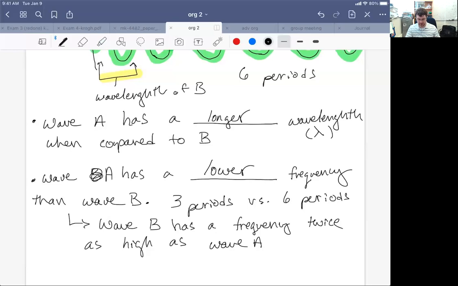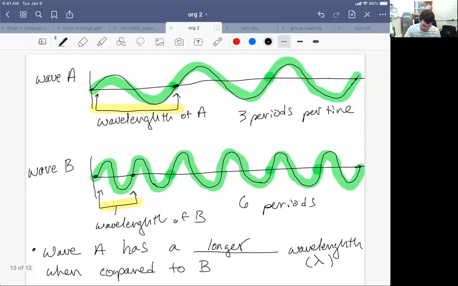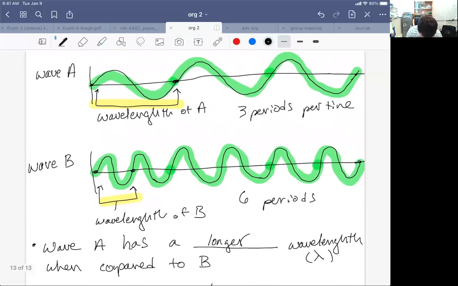So wave B has a frequency twice as high as wave A. Now, if we draw a dotted line from one period length of A and match that to the wave for B, we got pretty close to hitting 2 periods within that first wavelength.